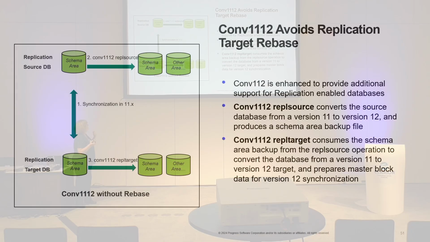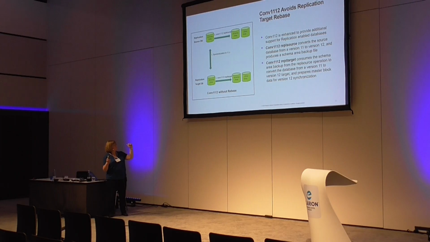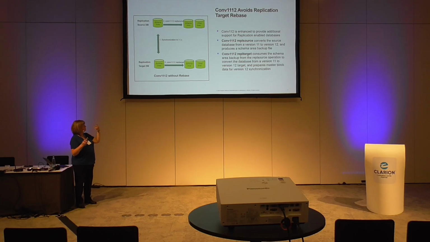Then you will run the convert on your target database. Remember, it's synchronized, but your target stayed in 11. You'll run a convert on the target database, and it will consume that schema backup file. And it will also make some adjustments in the master block so that it's ready for synchronization.